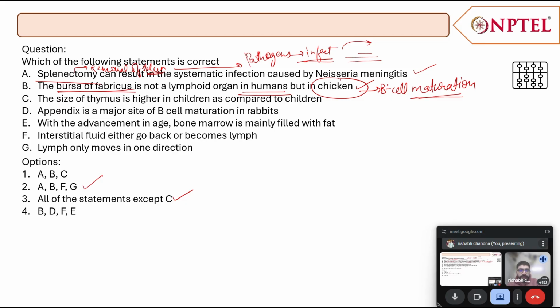The size of the thymus is higher in children as compared to adults.